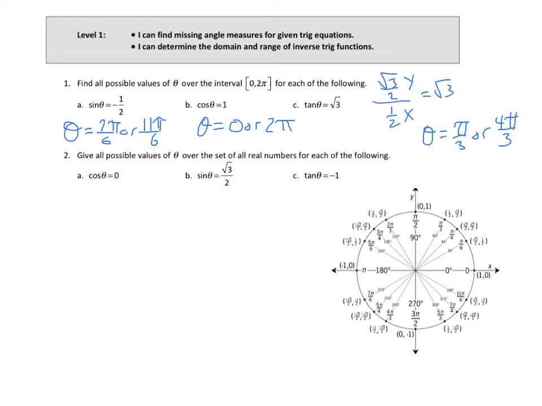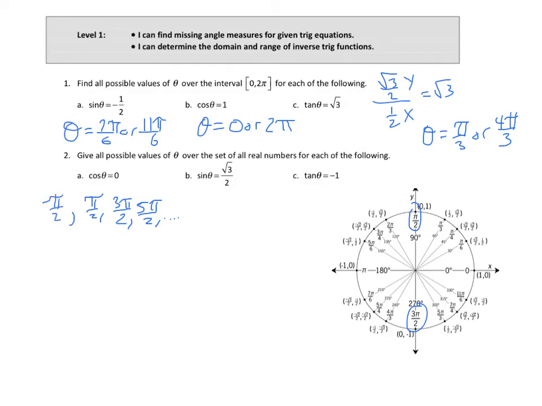And that happens at pi over 2 and 3 pi over 2 on the unit circle, but it also happens with any angle that's coterminal with pi over 2 and any angle coterminal with 3 pi over 2. So that's going to be pi over 2, 3 pi over 2. If I add another half circle to that, it would be 5 pi over 2, 7 pi over 2, and so on. Also negative pi over 2.